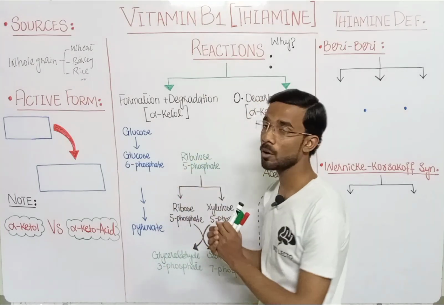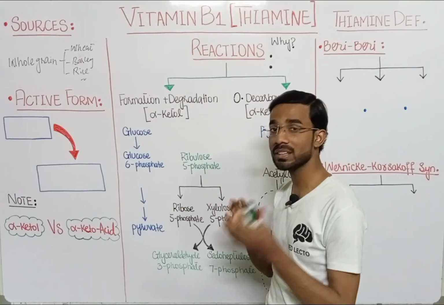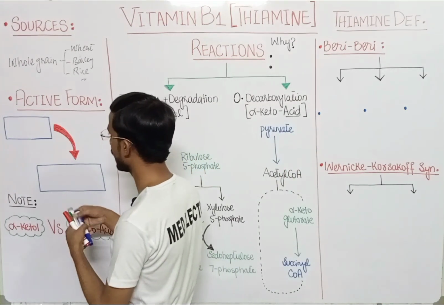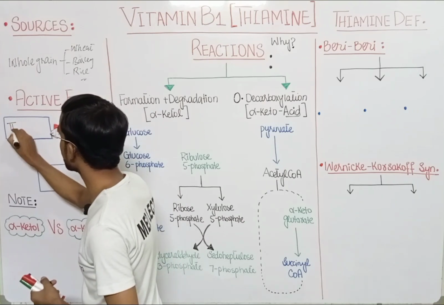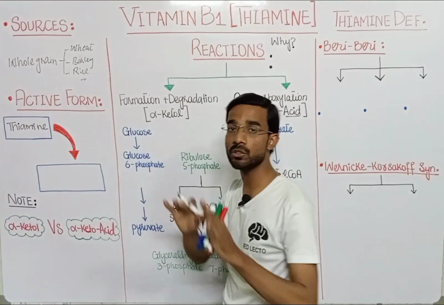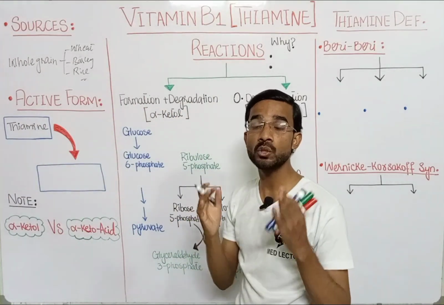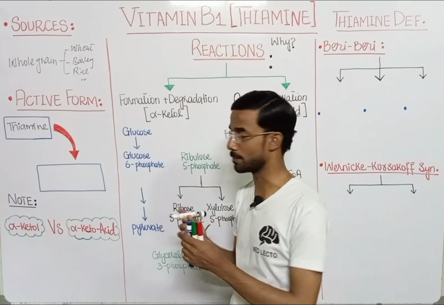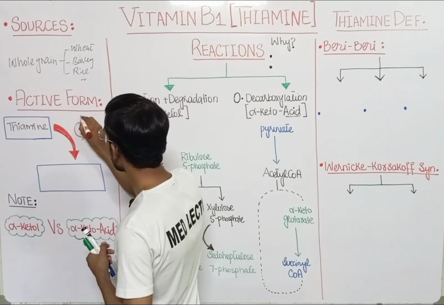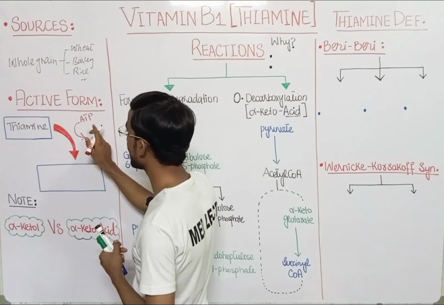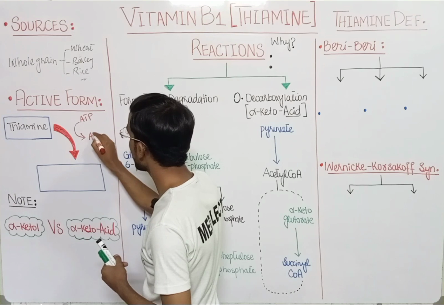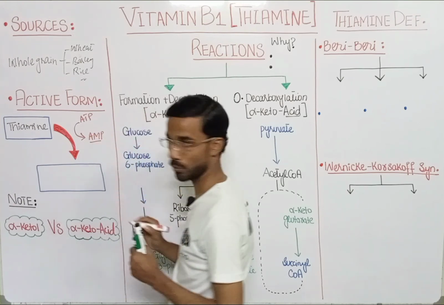Next we will talk about the active form. Thiamine exists in an inactive form, and here you can see the thiamine. It converts into the active form by taking a 2-phosphate group from ATP. ATP gives the 2-phosphate group to the thiamine and becomes AMP, adenosine monophosphate.